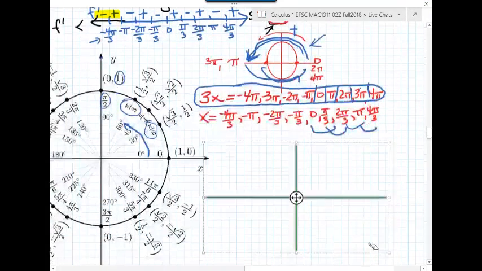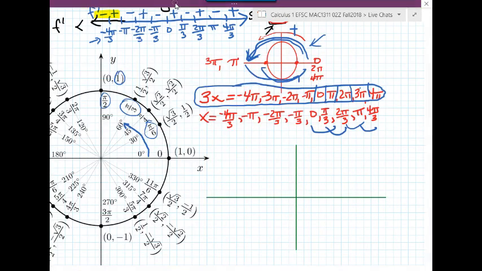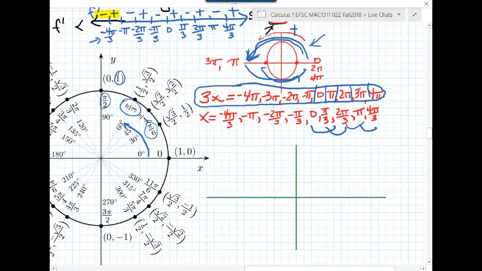Most likely that's going to be 9 to negative 9. But in any case, we're going to, oops, that would be more like here.